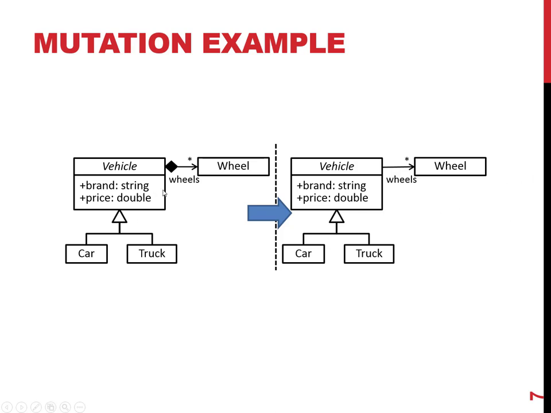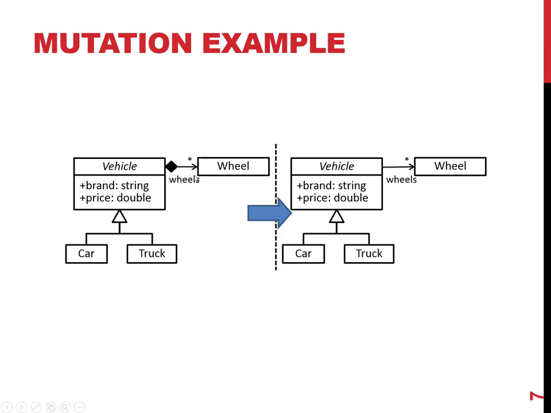We can see in this slide an example of the application of this mutation operator, which retypes a relation. The seed model presented here describes a UML class diagram for vehicles. A vehicle has a brand and a price and can be either a car or a truck.